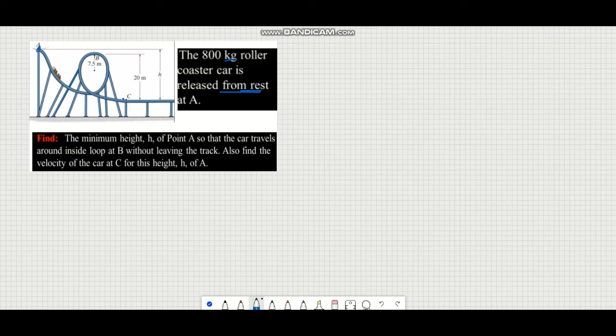for this motion. We know that we can solve this question from energy conservation, TA plus VA, right? At B point, TB plus VB.